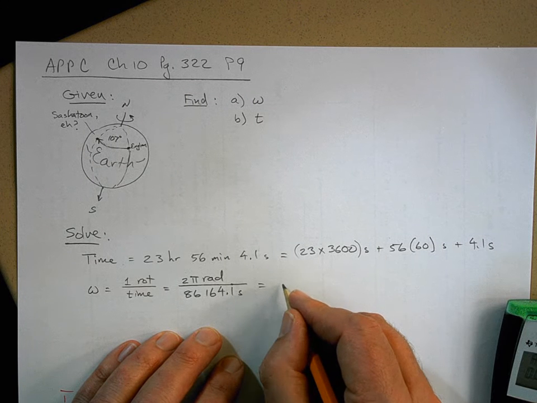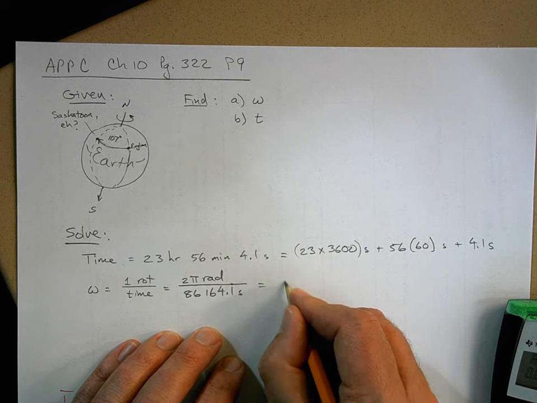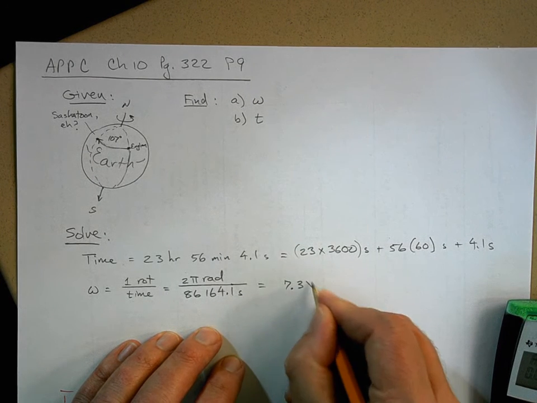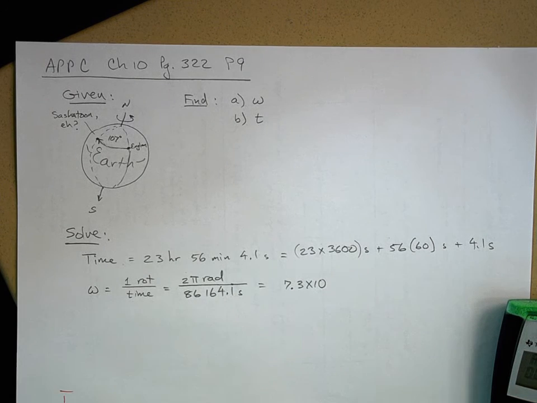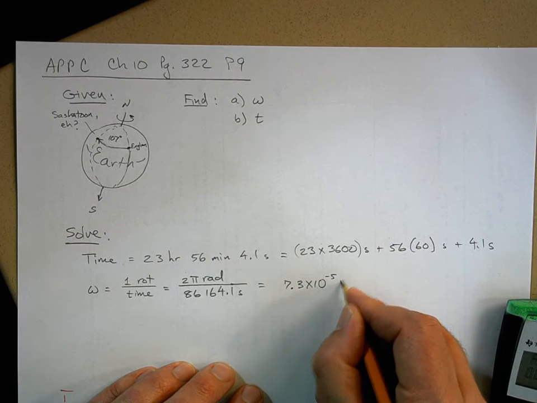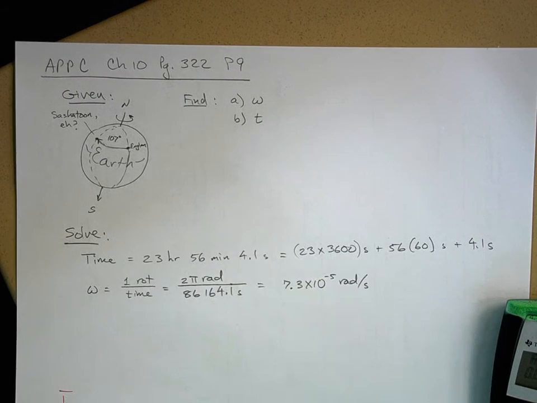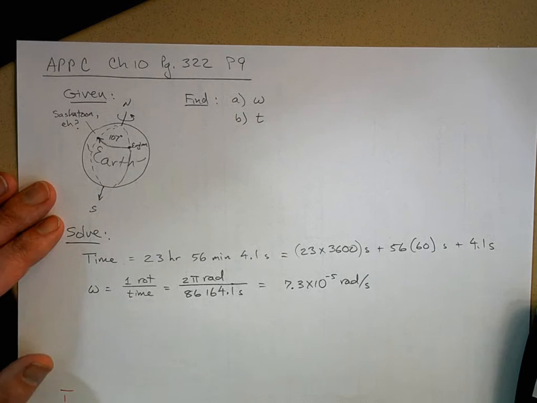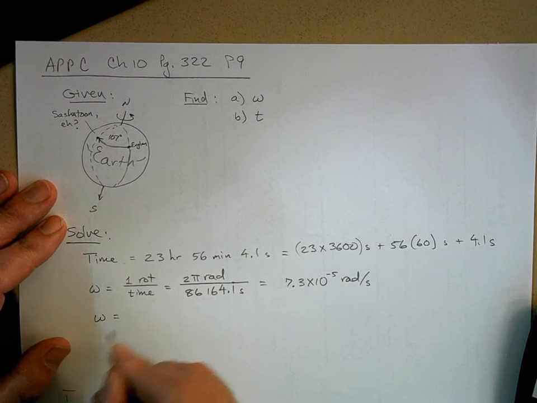7.3 times 10 to the, let's see, 1, 2, 3, 4, 5 radians per second. Is that what the book wanted? I haven't looked it up in the book. So that's the actual angular velocity.